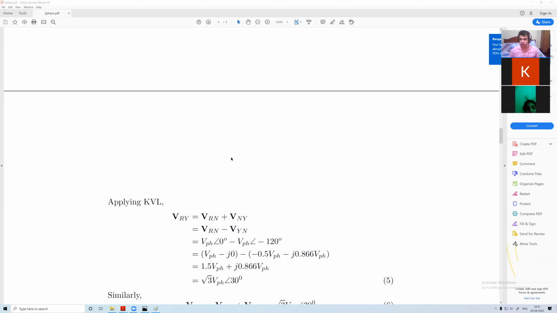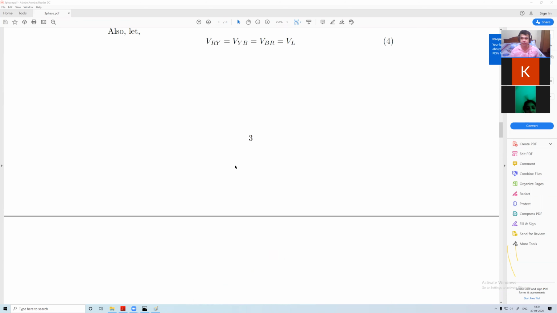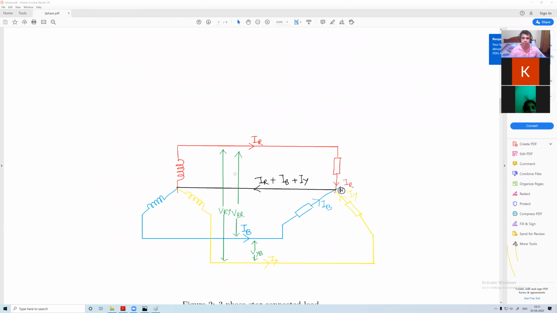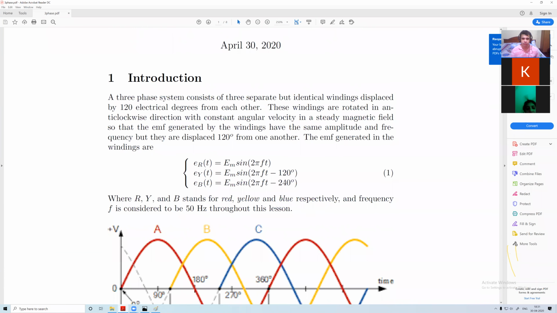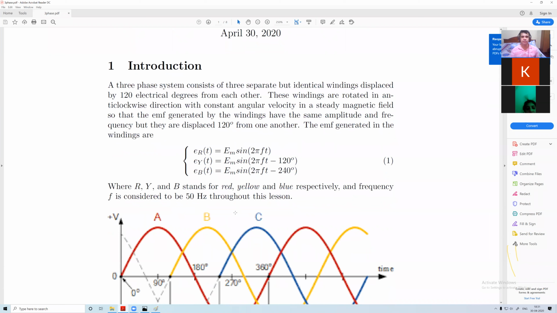Why minus 120 degree? That's because right in the beginning we said, right? This is the first thing we discussed. Red, Y and B, they are 120 degree phase apart. Okay. That is why 120 degree.